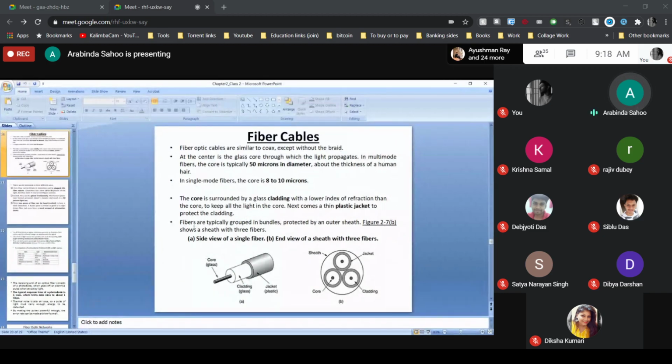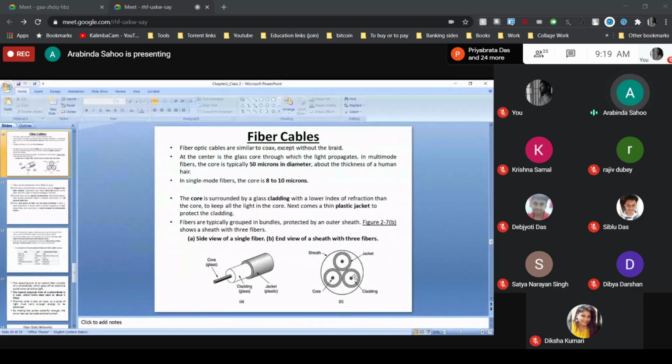So fibers are typically grouped in bundles. If you take more than one fiber in a bundle, you can check the second diagram. It consists of three different fiber optic cables bundled together, and one protective sheath covers these three single fibers for protection. So fibers are typically grouped in bundles protected by an outer sheath.